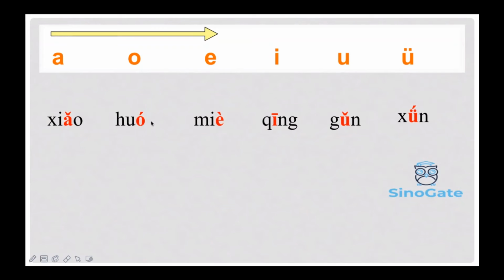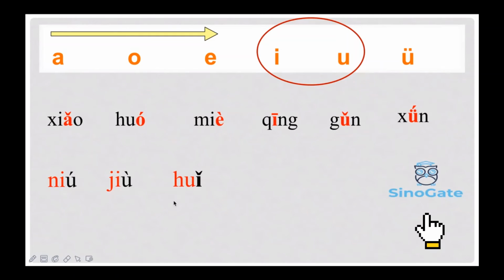And the second rule: in this case, you can see here, this is I and this is U. The rule is mark the one at the end. I and U, the mark goes on U, and then E on E.